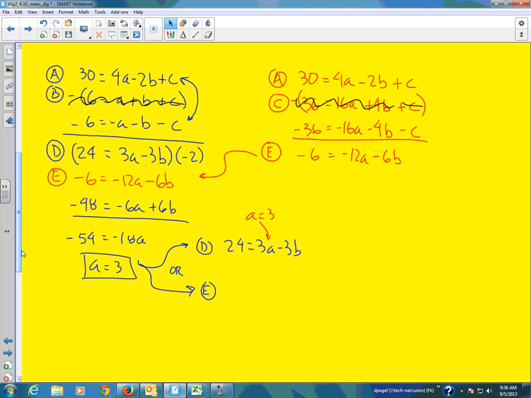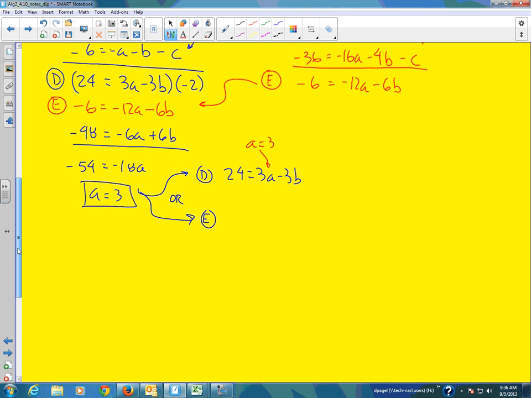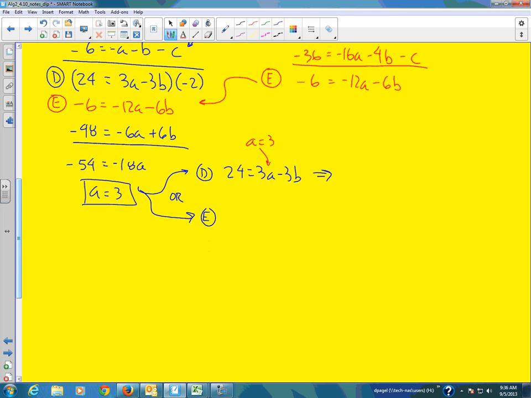This equation becomes 24 equals 3 times 3, minus 3b. 24 equals 9 minus 3b. Subtract 9: 15 equals negative 3b. Divide by negative 3, and b is negative 5.